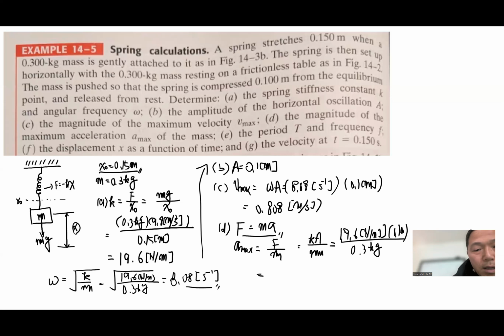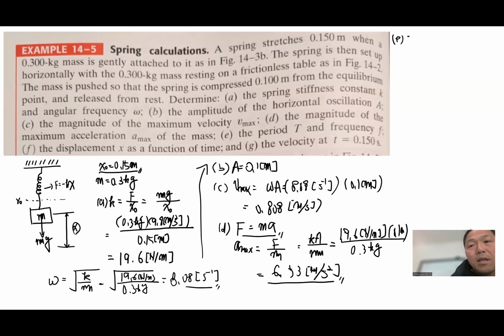So the maximum acceleration should be 6.53 meter per square second.